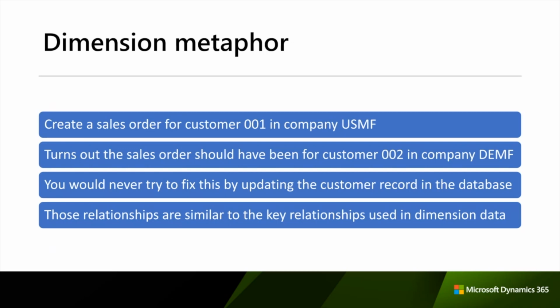We would void the original and post the new one. And those relationships are very similar to the key relationships used in the dimension data, and you should not go into the database and try to fix them because it's just not the right approach and it will end up causing problems.